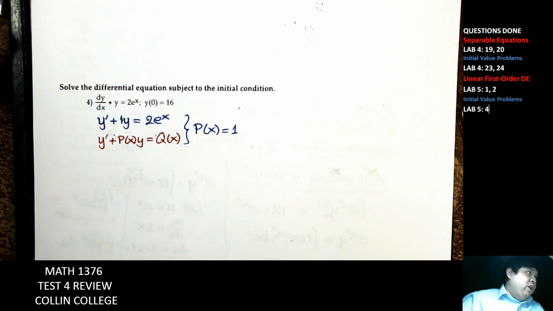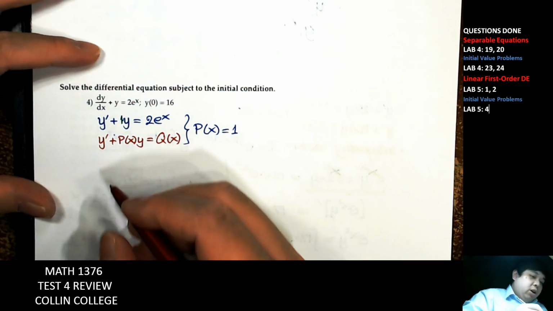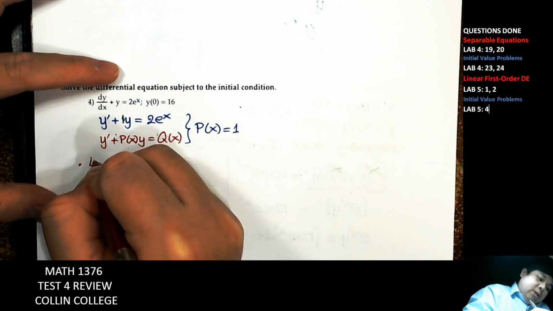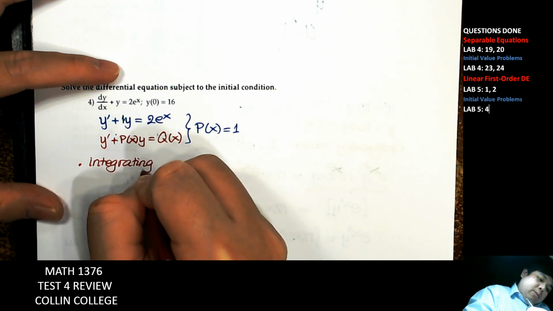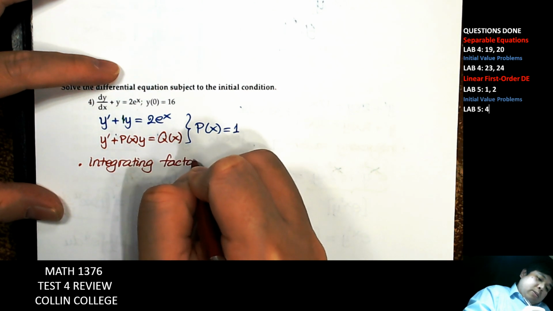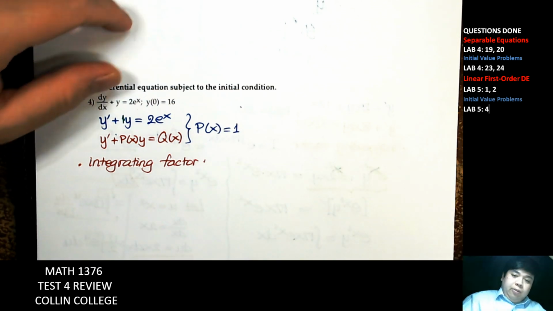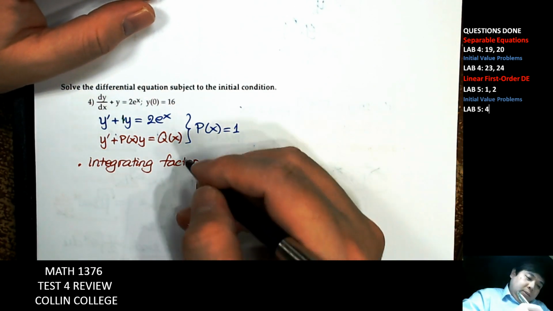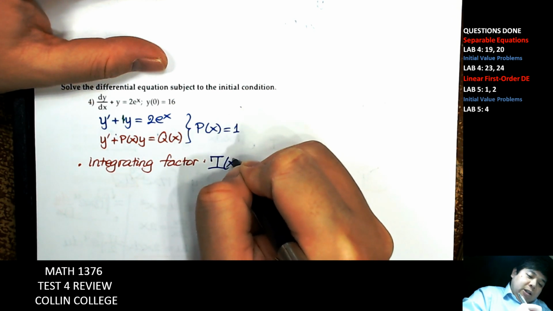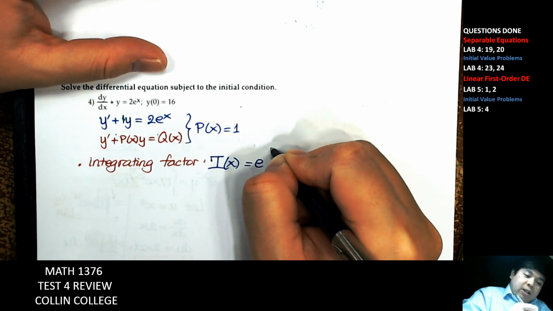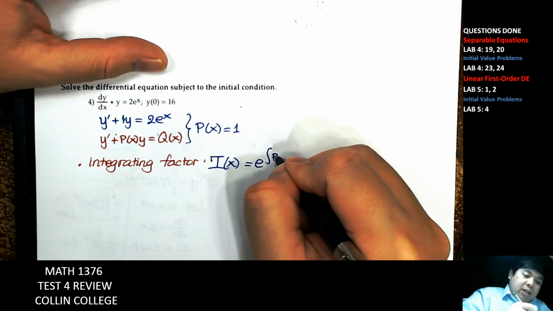and then we find the integrating factor and multiply both sides. The integrating factor is e to the integral of p(x) dx.